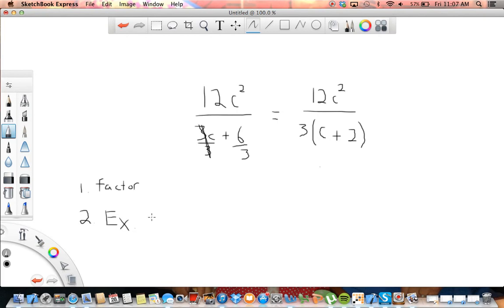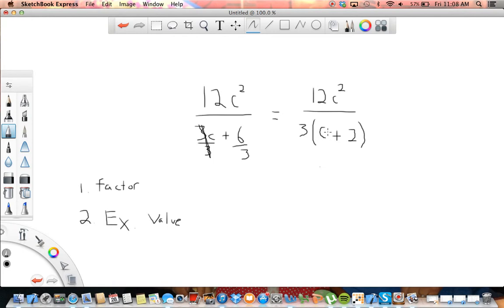I'm just going to abbreviate it. Okay, so you're looking for the excluded values. What that means is you can see this variable right here, this letter c, in the denominator of our fraction. And we can put any number we want into that variable except for maybe 1 or 2 numbers. And what we need to do is find what those 1 or 2 numbers are.